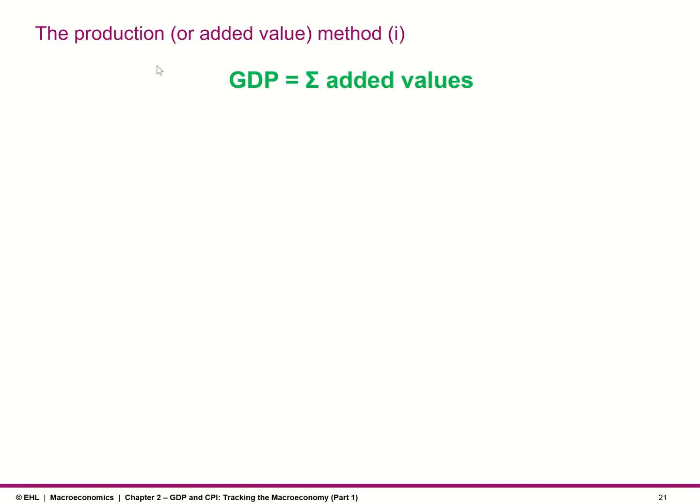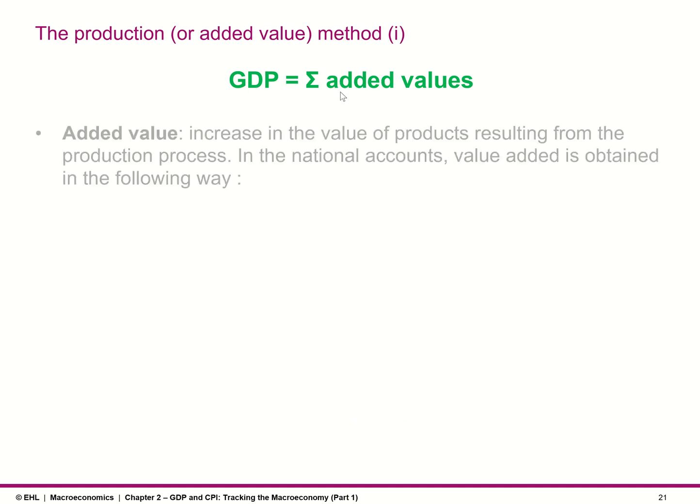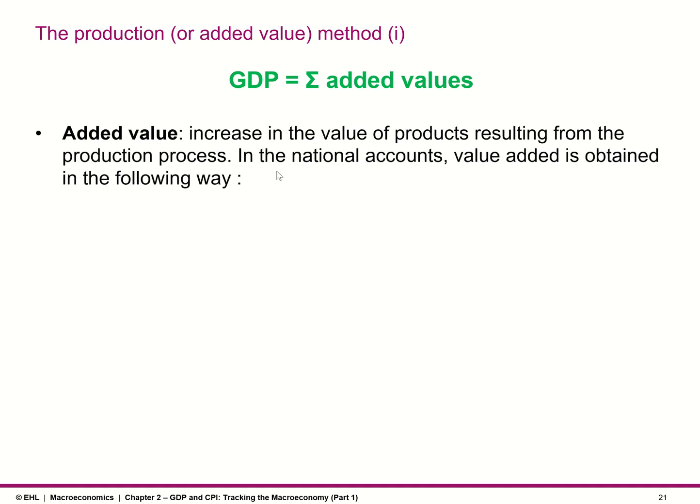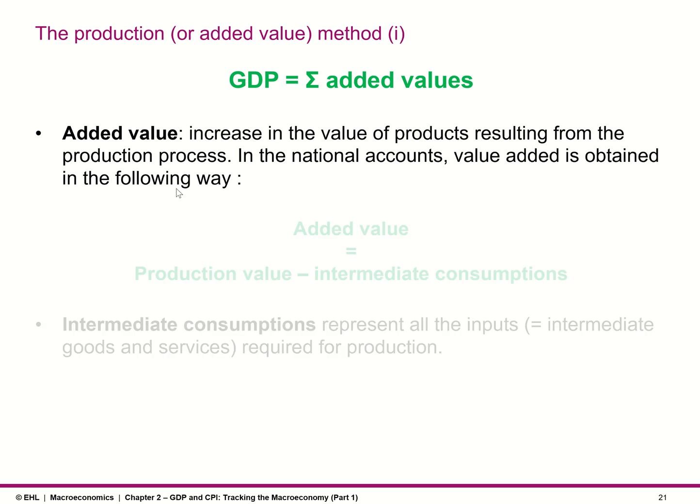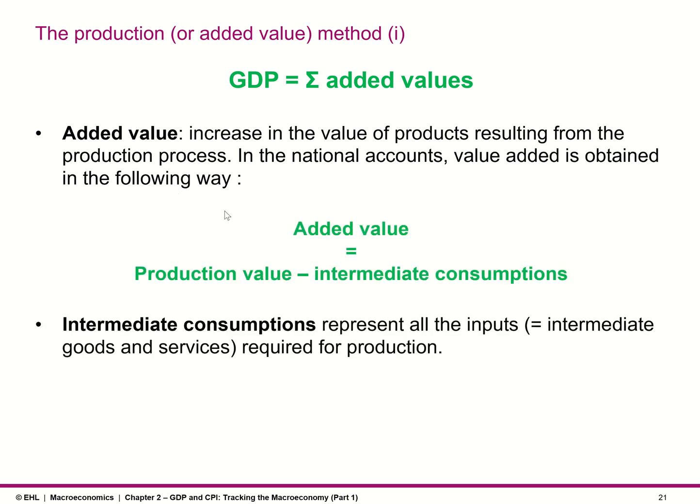So the production or added value method is simply this way. The GDP is equal to all added values in the economy. And what do we mean by added value? It's the increase in the value of products resulting from the production process. In other words, if we take a firm, for instance, we can calculate the added value of a single firm by taking the production value, the market value of what it has produced, and we deduct all intermediate consumptions that the firm has used in the production process.